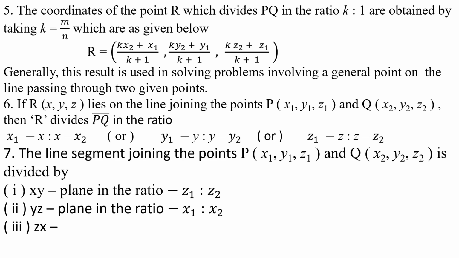Similarly, third point, the ZX plane divides this line segment PQ in the ratio minus y1 is to y2. Okay, my dear children, you have to remember this formula also. The XY plane, YZ plane and ZX plane divide the line segment PQ in the ratio minus z1 is to z2, minus x1 is to x2, minus y1 is to y2 respectively. Understood this point, my dear children? Right.